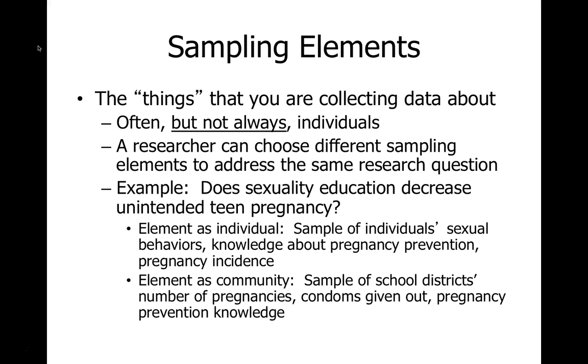But our element in this situation is the school district and is looking at the mean number of pregnancies or the total number of pregnancies in a particular school district. So it's important to remember that regardless of our question, we may be able to get at the answer to that question in different ways via the kinds of sampling decisions that we're making.